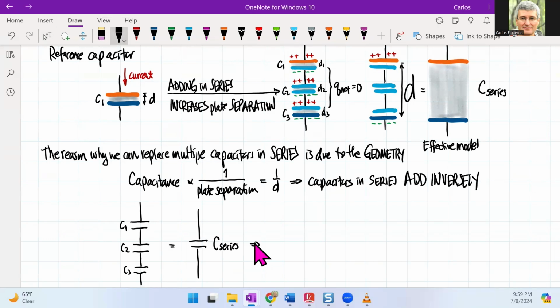So that tells us here that then 1 over the series capacitance is equivalent to 1 over D1 plus 1 over D2 plus 1 over D3, which then implies that 1 over C series is then equal to 1 over C1 plus 1 over C2 plus 1 over C3.